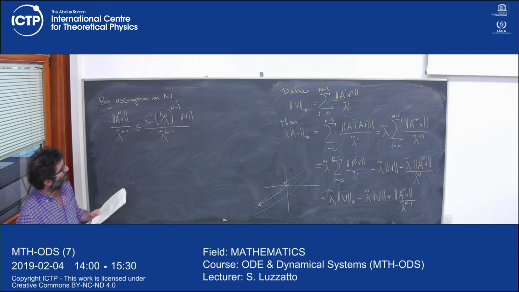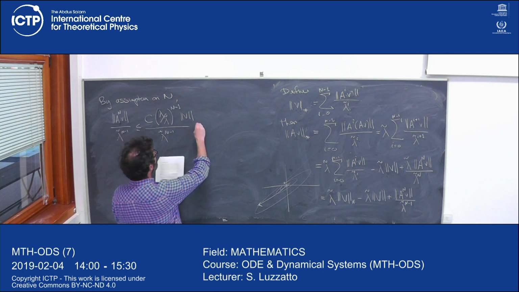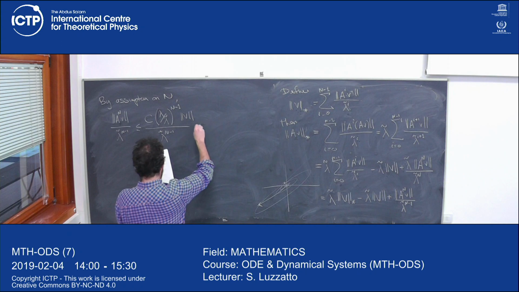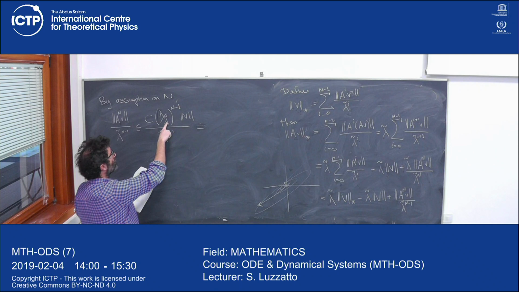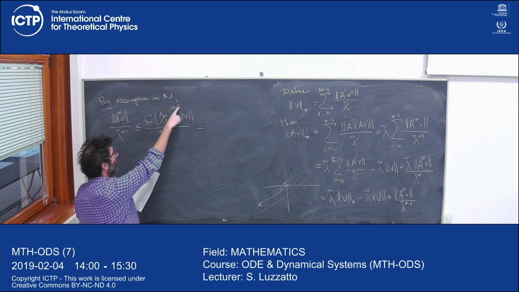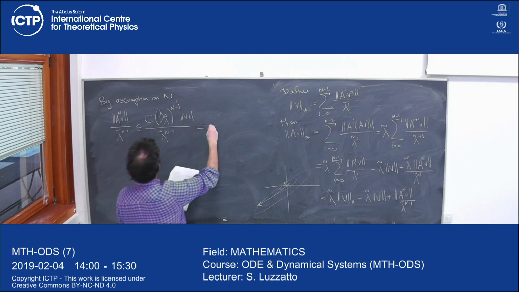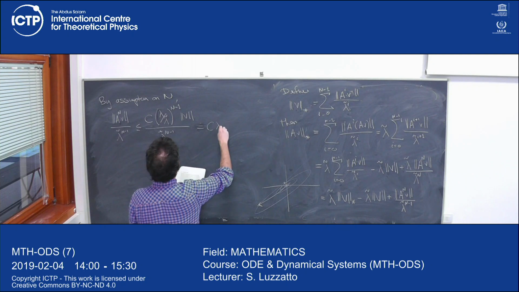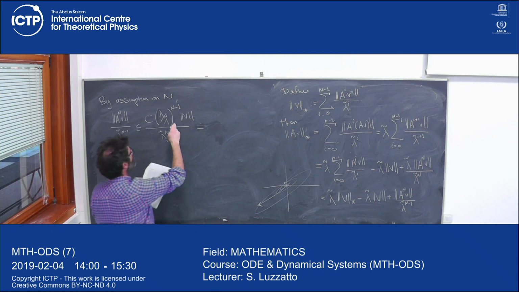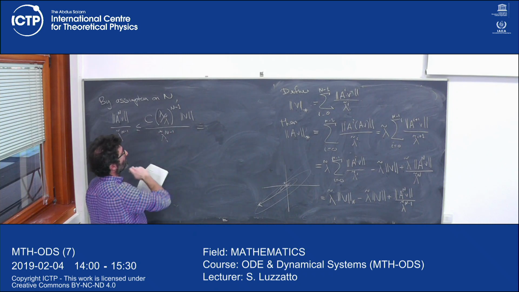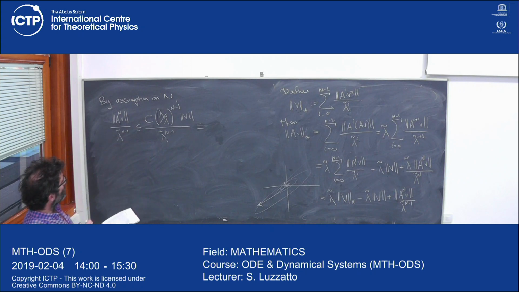So this is equal to, where this is lambda tilde^(n-1), which cancels this. So this is equal to C lambda, wait. I forgot what I wrote on the assumptions, because we have just made some computations.